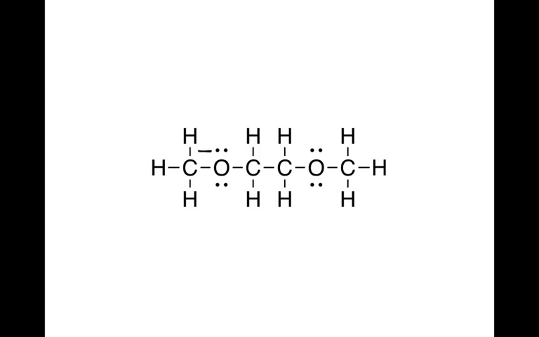We have carbon to oxygen, carbon to oxygen, carbon to oxygen, and carbon to oxygen again. Therefore, both oxygens are going to have a delta negative sign, and all of the carbons are going to be electron deficient, and they will have the delta positive sign.